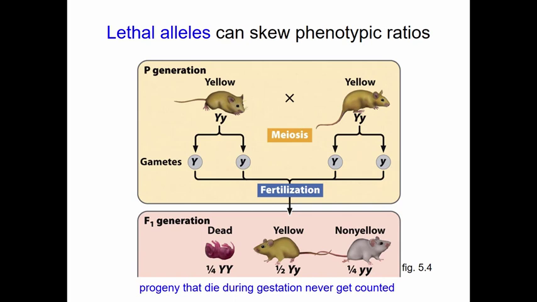you would know that this is dominant because you cross two yellows and you get two yellow and one non-yellow in the progeny. That can't happen if they're recessive.